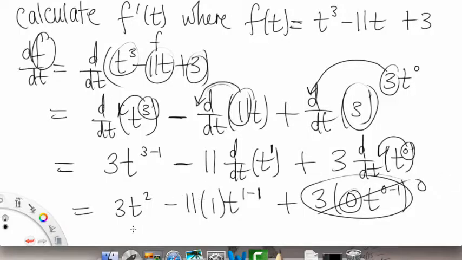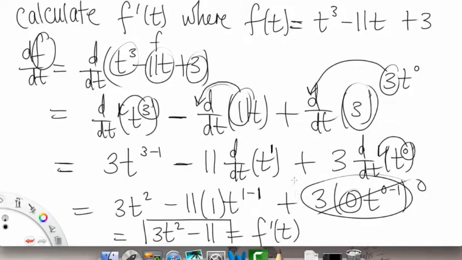Okay, so that's a 0, and now let's simplify this last part. So we have 3t squared minus 11 times t to the 0, so that's just a 1. So 3t squared minus 11 is our f prime of t. Okay, so this is equal to f prime of t.